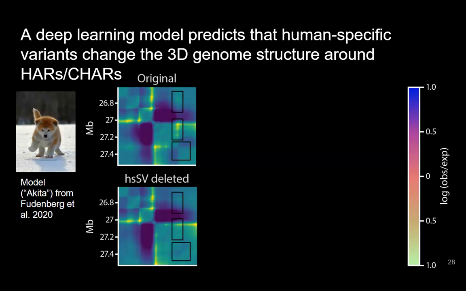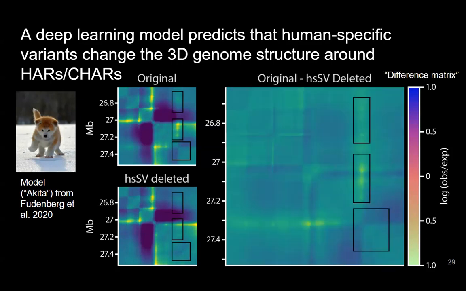This contact is also lost, and this boundary gets weaker. So you can see that there's an impact there. Another way to compare these two 3D genome arrangements is by looking at the original and subtracting this one, so you can specifically see what's different. Here you can see in the original, there's more contact there, and a greater boundary there.